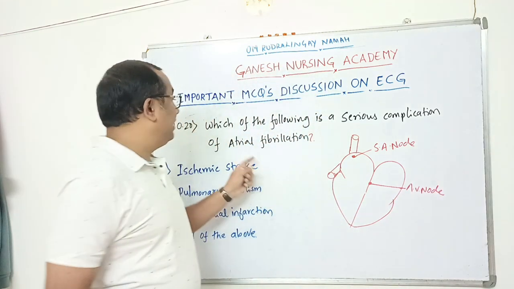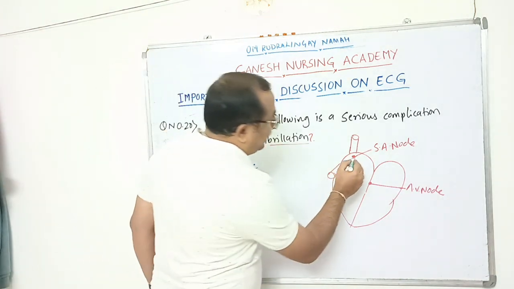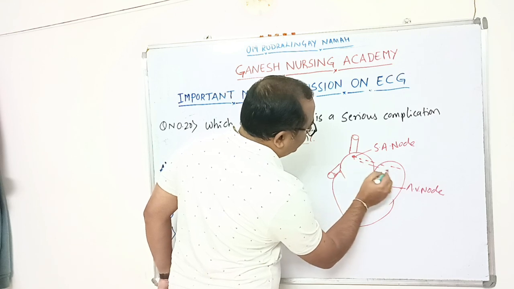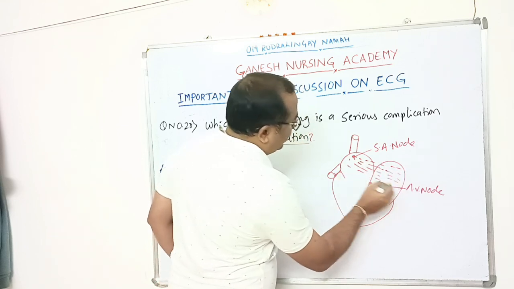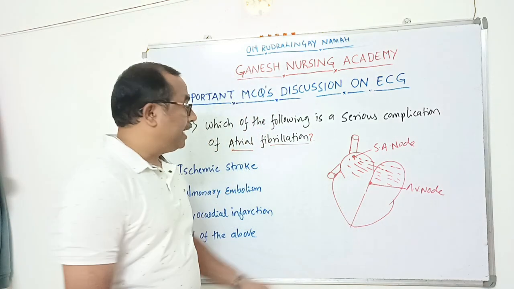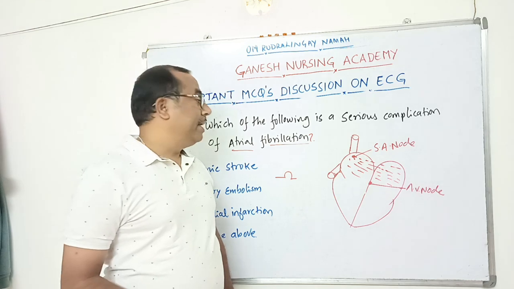Actually the SA node should produce the electrical impulses, and the produced impulses should spread over both atrial chambers, and then contraction of the atria takes place. That will show the appearance of a normal P wave. So the P wave indicates normal atrial activity.